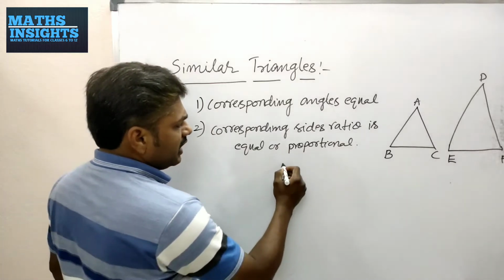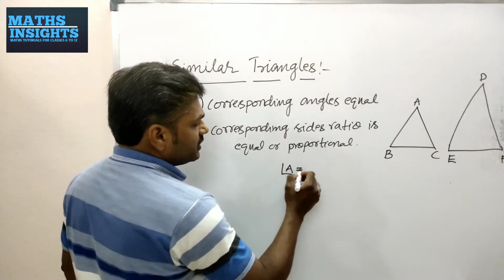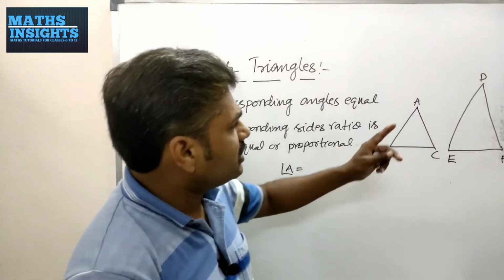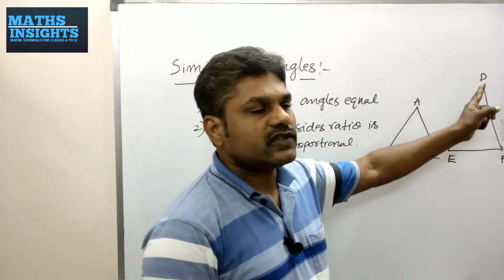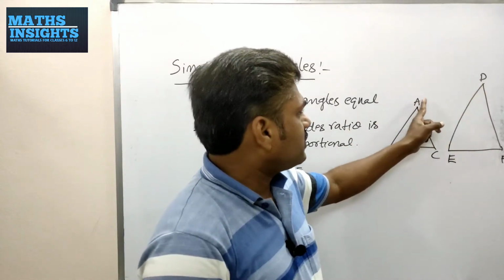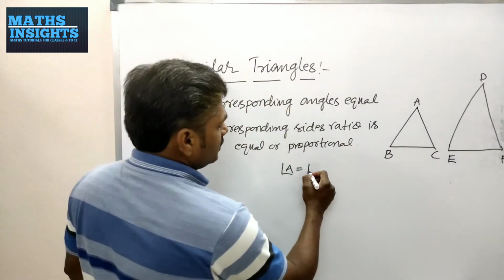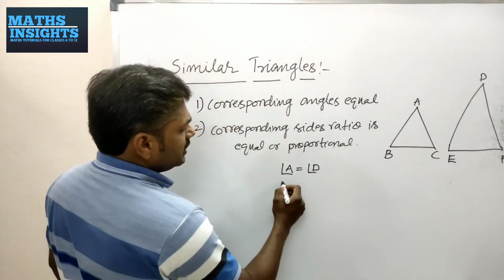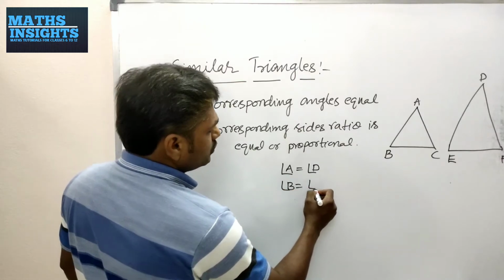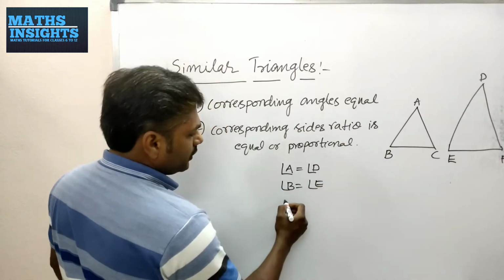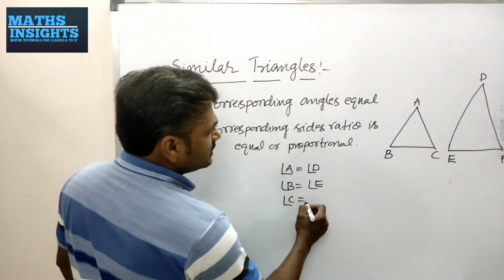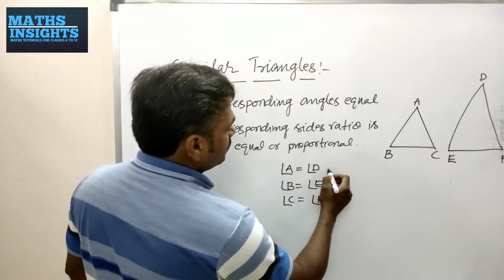That means angle A of the first triangle should be equal to angle D of the second triangle. Why? Because these two angles are corresponding. Similarly, angle B is equal to angle E, and finally angle C is equal to angle F.